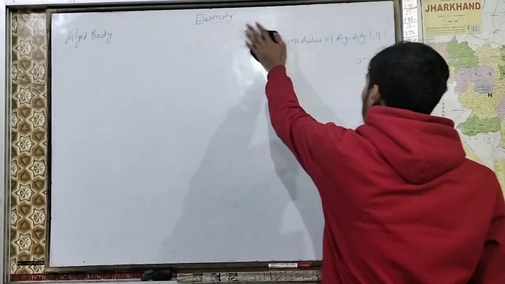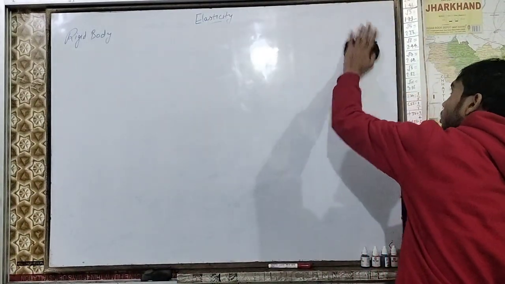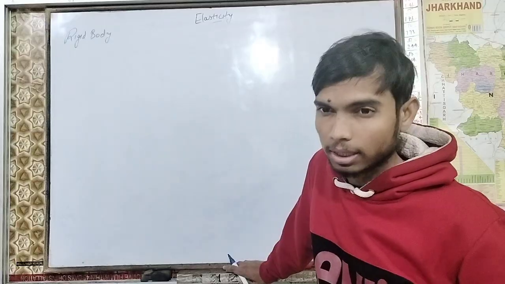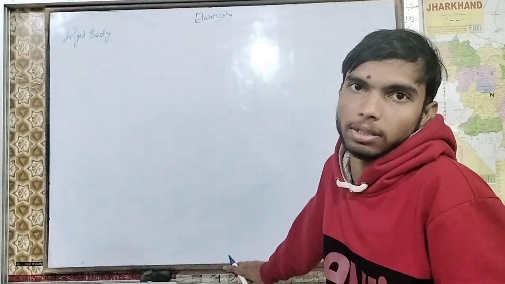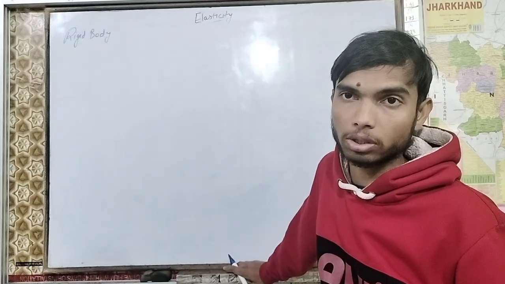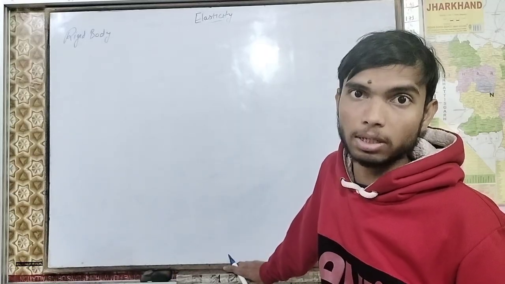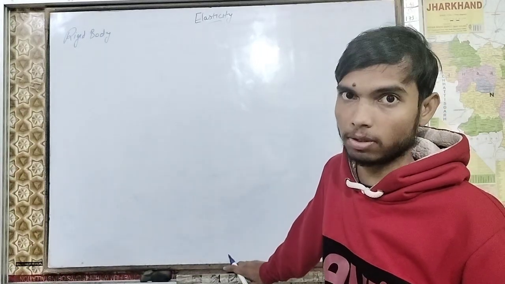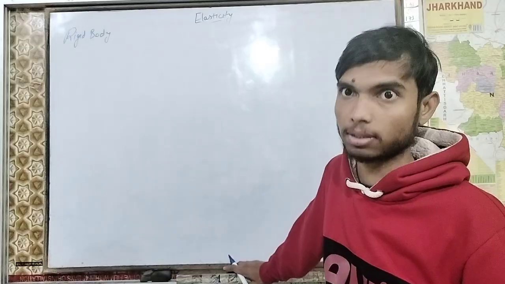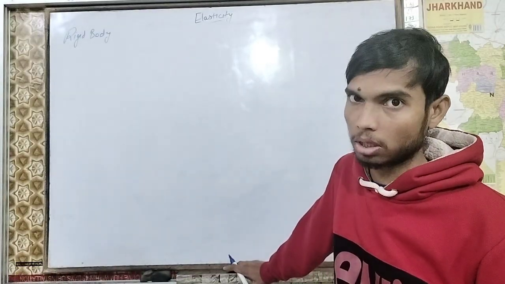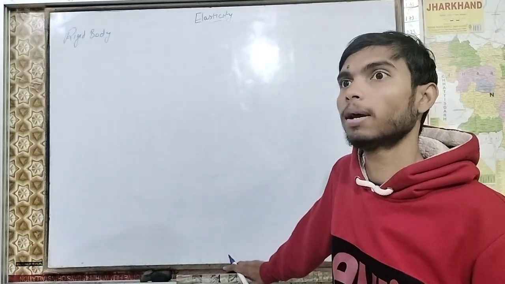After Poisson's ratio, then the curve of stress and strain. Terms are constant, elastic limit, yield point, plastic behavior, elastic behavior, elastic range, plastic range, permanent state, breaking point, breaking stress, breaking strain.